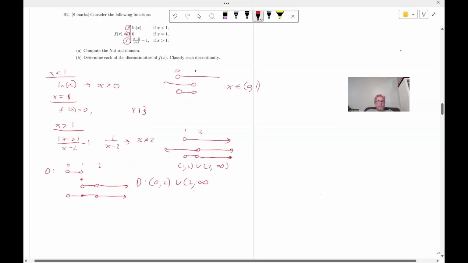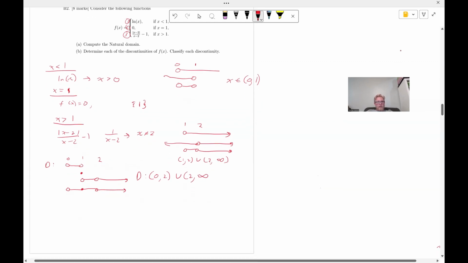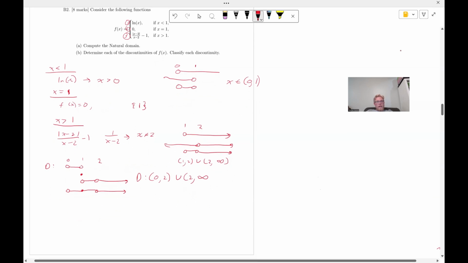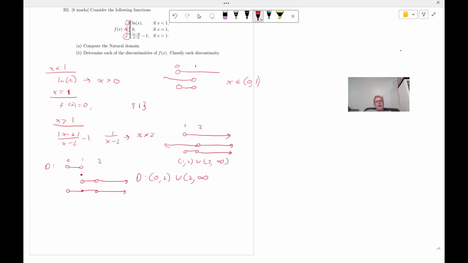And now I have to deal with my types of discontinuities. For discontinuities, we have 3 main spots. We have the stuff from ln, we have the jump at 1, and we have the stuff from this absolute value of x minus 2 over x minus 2, minus 1. First thing we have is from the ln.